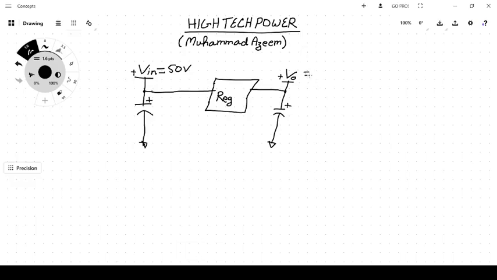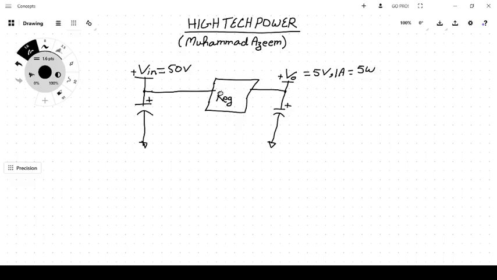So we want 5 volt, well regulated, and suppose the output current we need is 1 ampere maximum. Then if we calculate the wattage, 5 volt into 1 ampere, the output wattage is 5 watt.